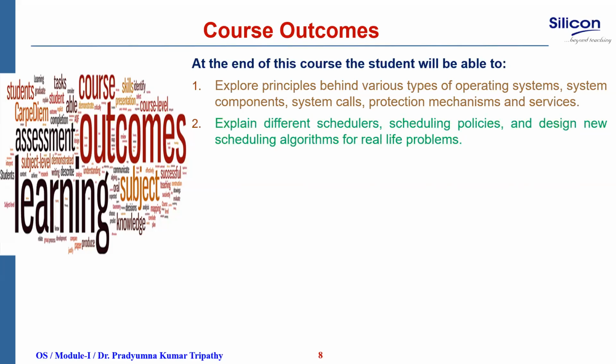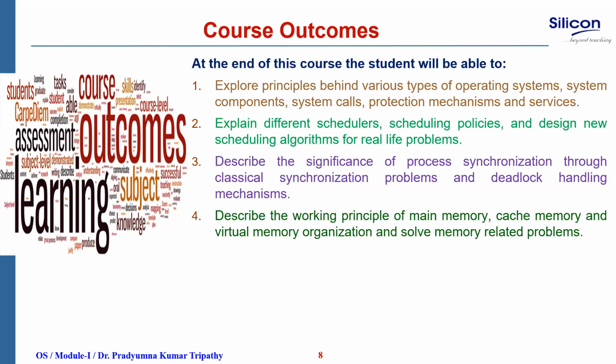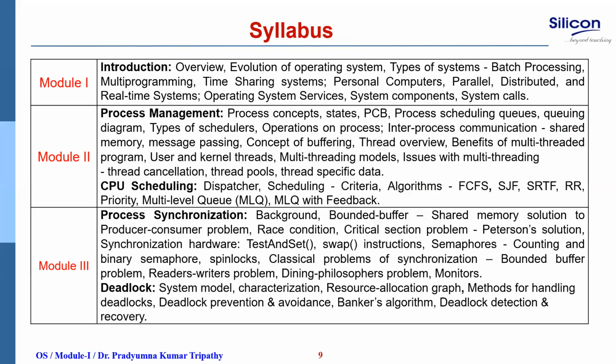They must explain different schedulers, scheduling policies, design of new scheduling algorithms, and real-life problems. Describe the significance of process synchronization. Process synchronization means when more than one process is executing in a system. We will be discussing all of those. I am just putting it here: there are 5 outcomes we have listed.